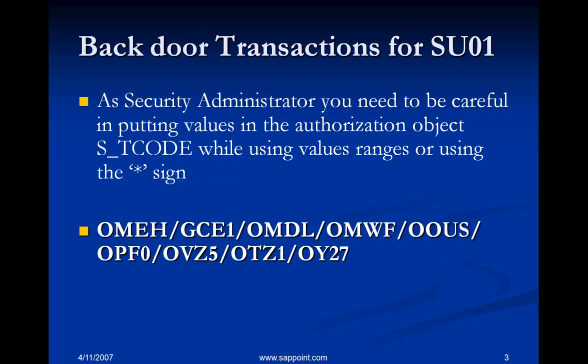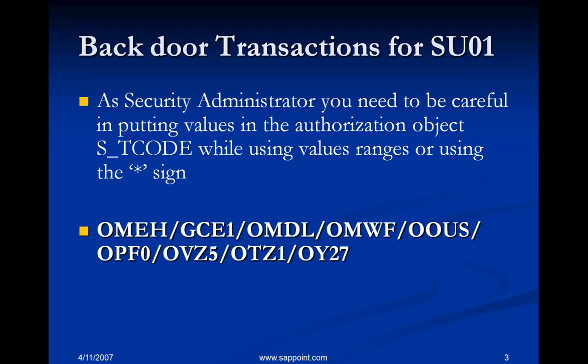Now, as a security administrator, you need to be careful in putting values in the authorization object S_TCODE, values using the value ranges or using the asterisk sign. What it means is that as a security administrator, one of your main tasks is to build roles.